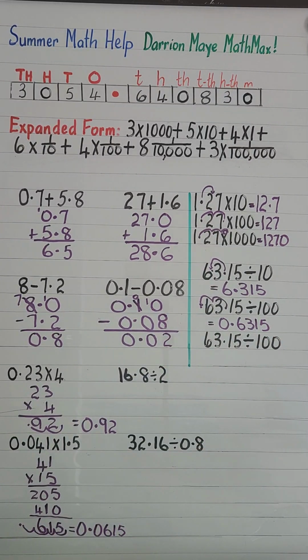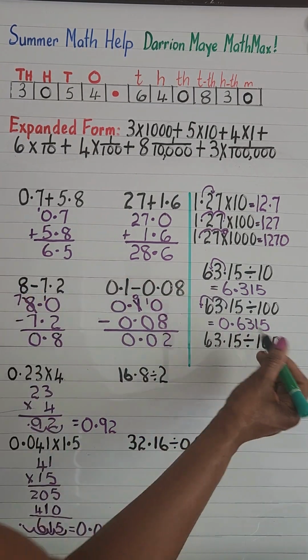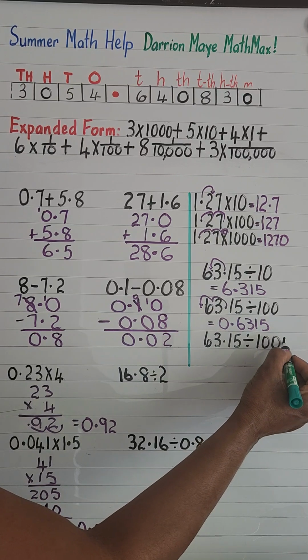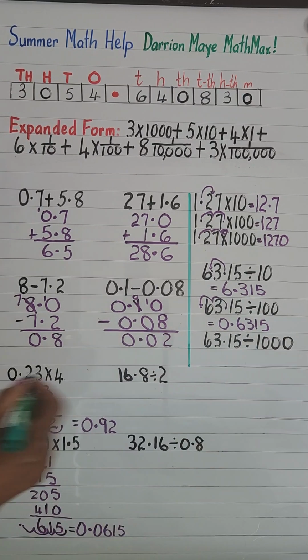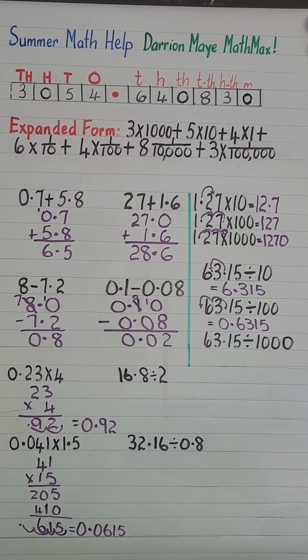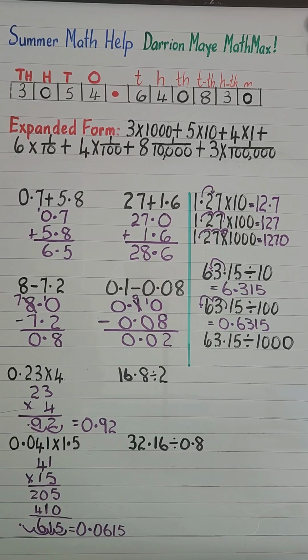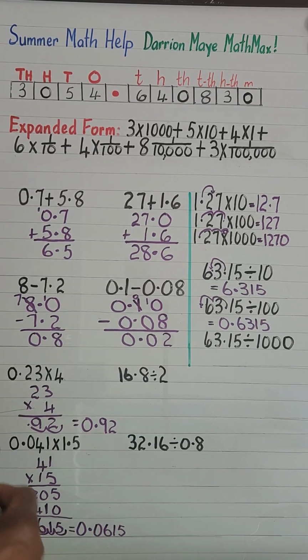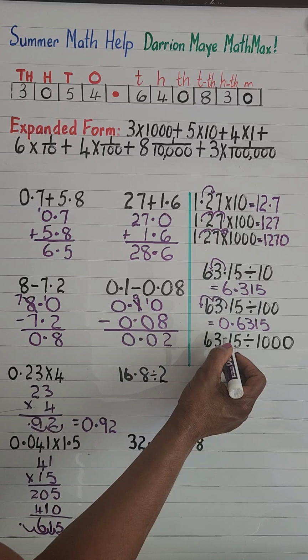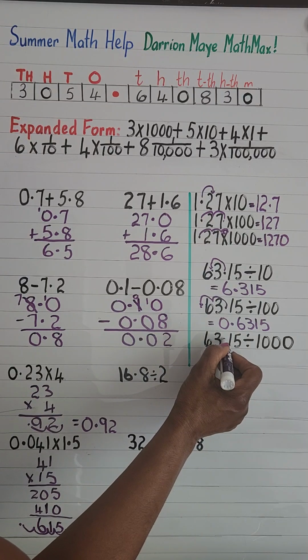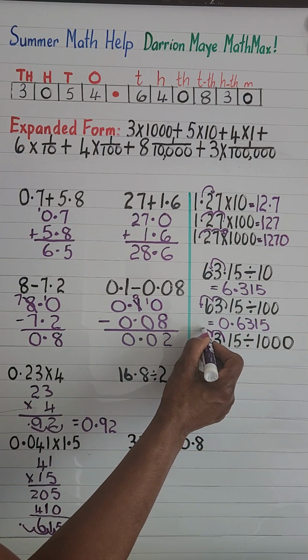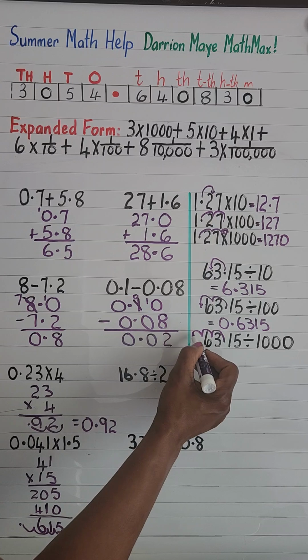And then we have 63.15 divided by, this should be 1000, 10 to the third power. Three places to the left. 1, 2, 3.